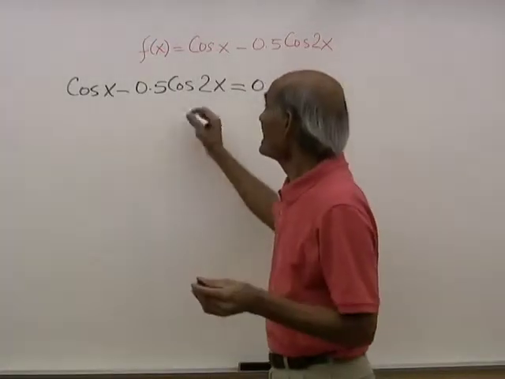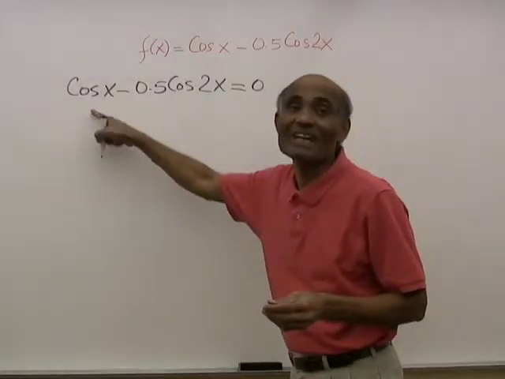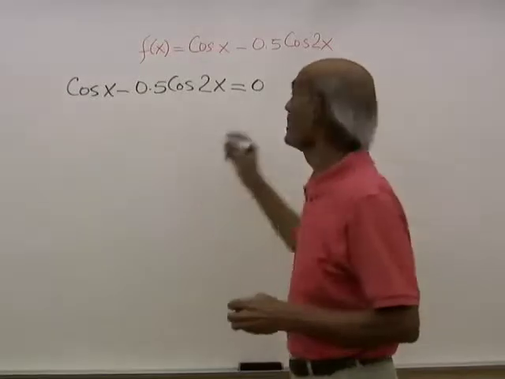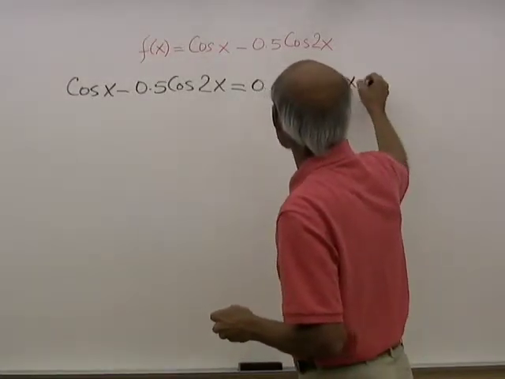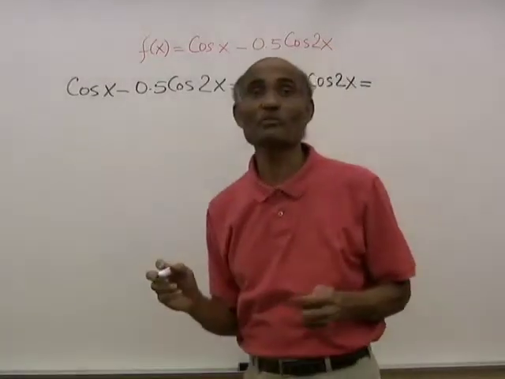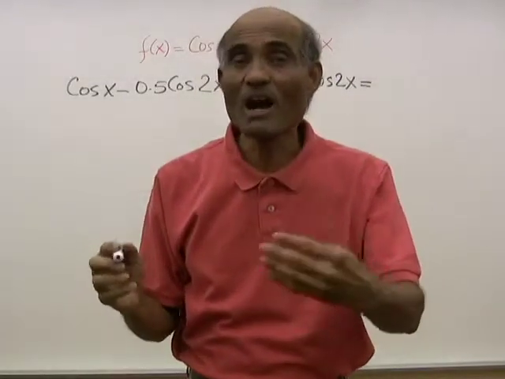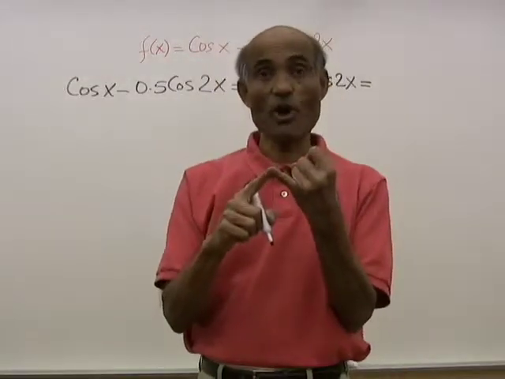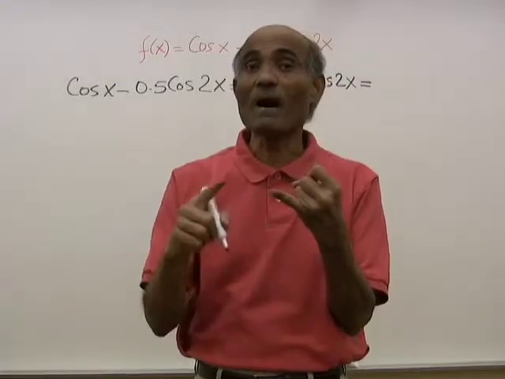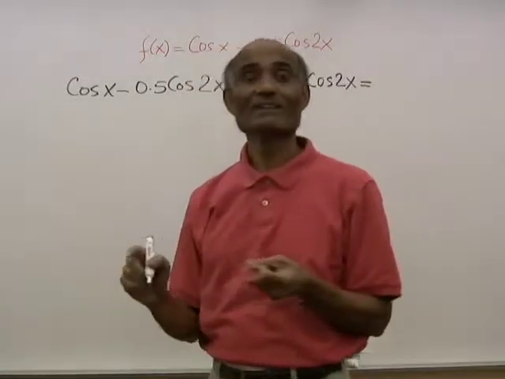Now tell me, how do you write cos of 2x in the cos x form? Cos of 2x is, in the last class I gave you 3 forms of cos of 2x, and I told you must write them down and learn. Cos of 2x has got the first form, cos squared x minus sine squared x, but that's not the one we want here.